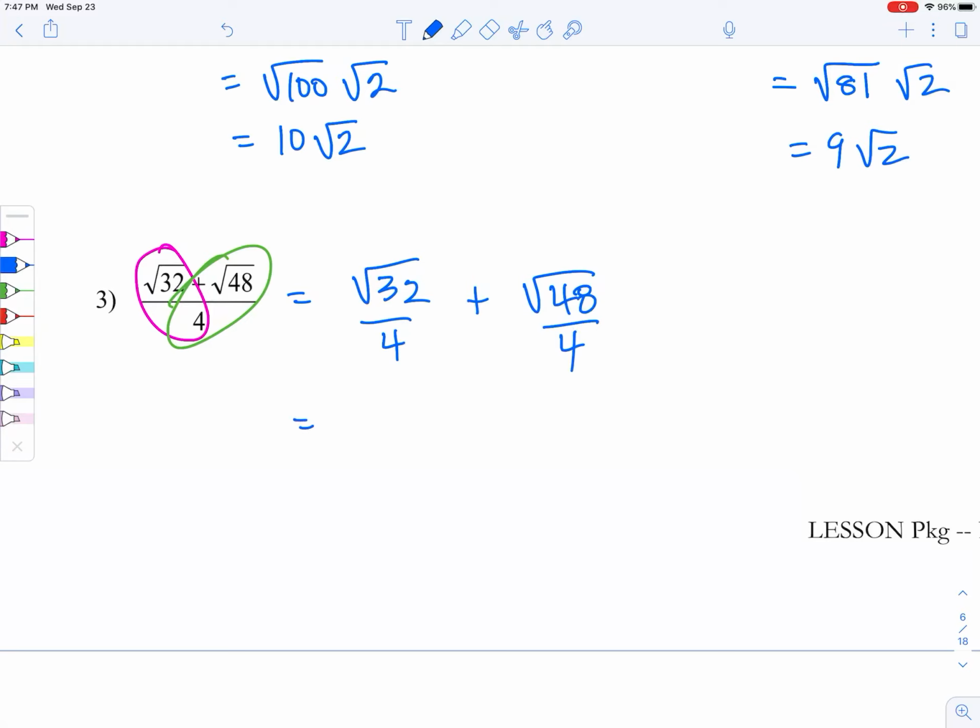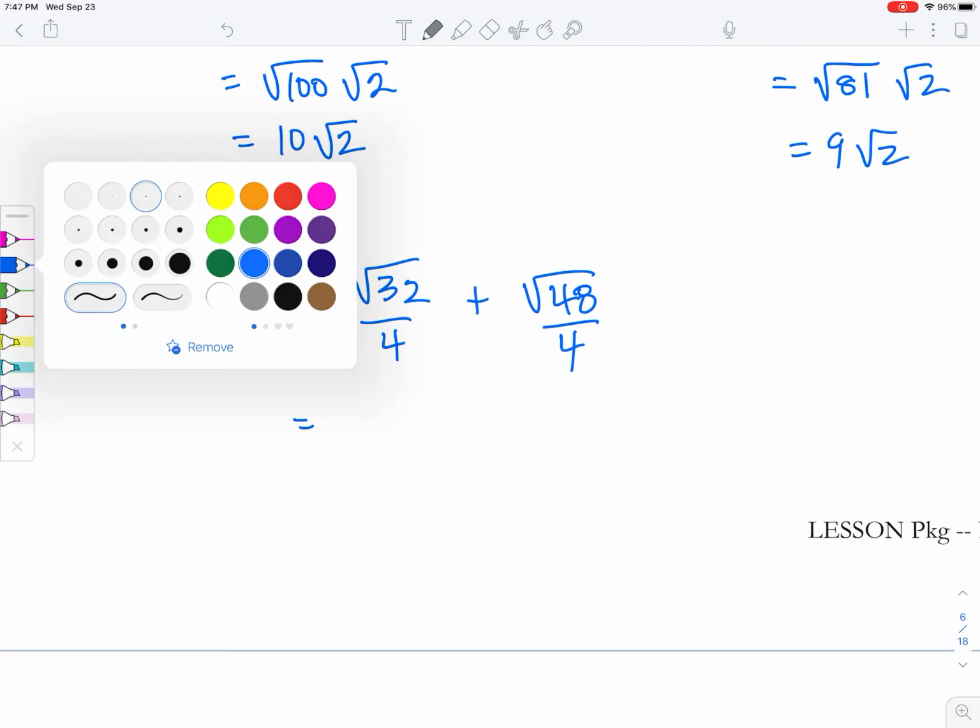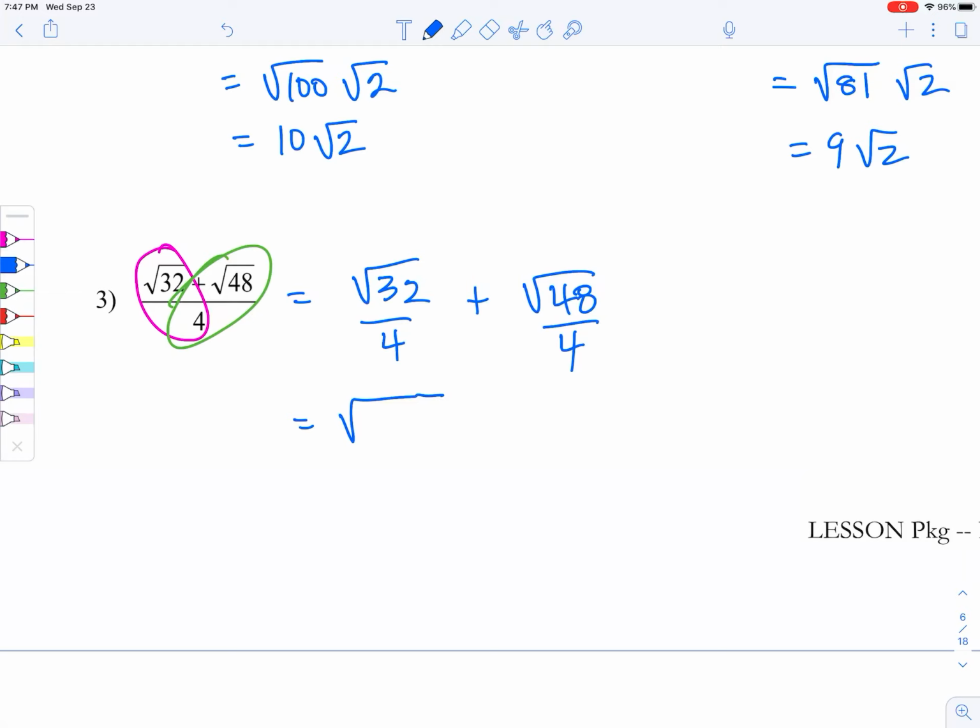But we're going to see if we can simplify 32. So 32 happens to be 16 times 2. So I'm going to write root 32 as root 16 times 2, and that's all over 4. So it's root 16 root 2 over 4. The square root of 16 is 4, so 4 root 2 over 4.